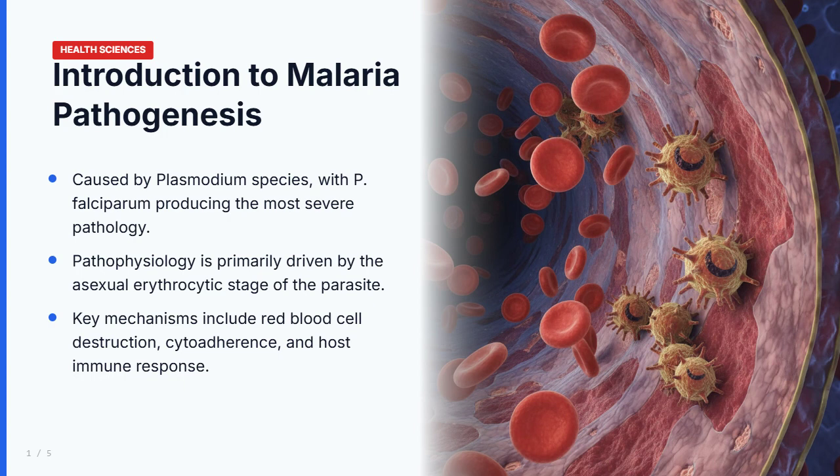Note that the clinical signs we observe are primarily driven by the asexual erythrocytic stage of the parasite. Today, we will unravel the mechanisms at play, specifically the destruction of red blood cells, the phenomenon of cytoadherence, where cells stick to vessel walls, and the double-edged sword of the host immune response. Let us proceed.